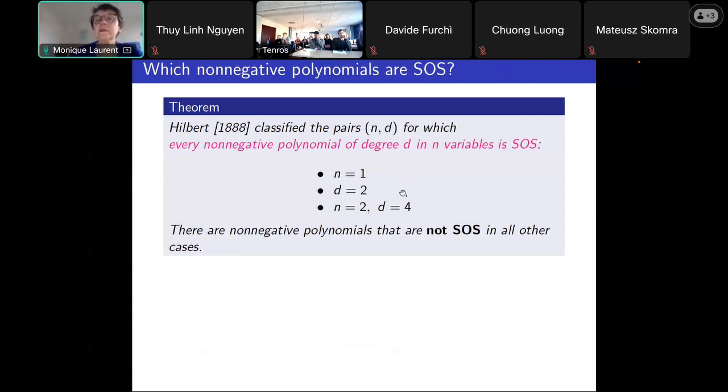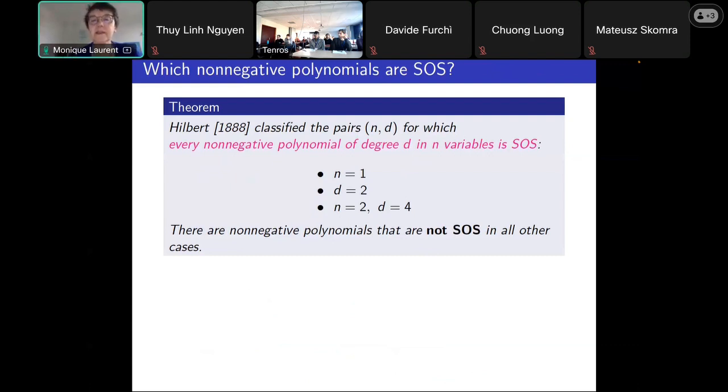And the third exceptional case is two variables, degree 4. So in these three cases, being a sum of squares is equivalent to being non-negative. And in all other cases, there are non-negative polynomials that are not sums of squares.